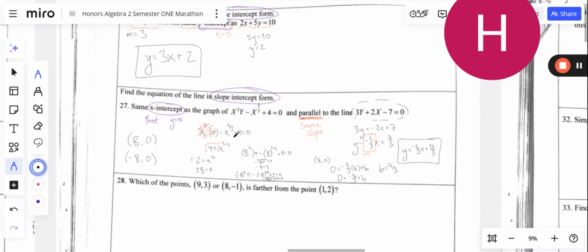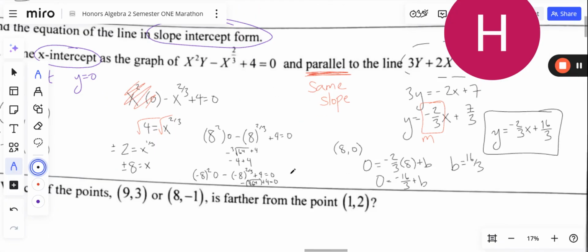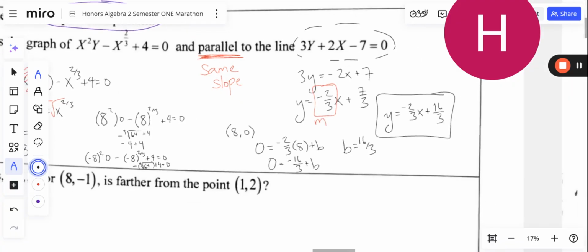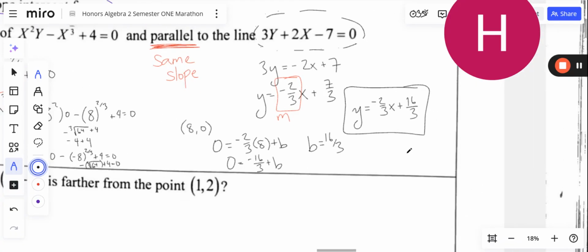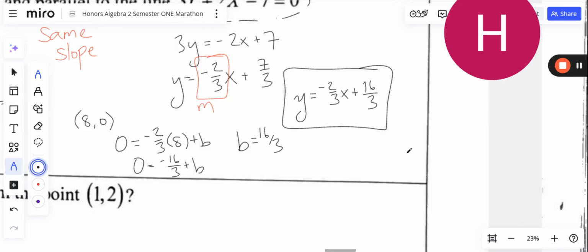It says same x-intercept. It might have been a typo. They probably wanted to put same x-intercept(s) with the parentheses s, because there's the possibility that it would have more than one x-intercept. So yeah, I think it's probably a good idea to try to write through that one.